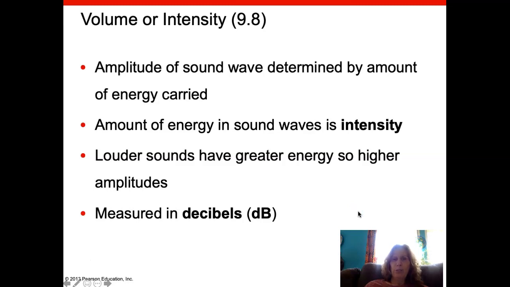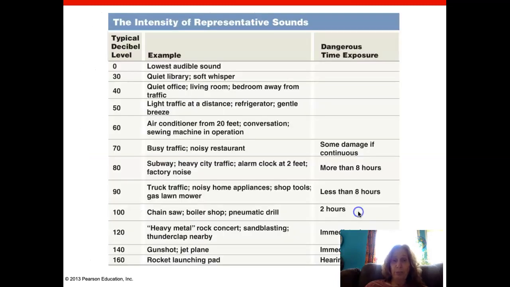Now the amplitude is the amount of energy, that is the intensity or how loud it is, and that's measured in decibels, and that's something you should be pretty aware of. A quiet library or soft whisper is about 30 decibels. There's nothing dangerous to our ears about that. But if you're in busy traffic or a noisy restaurant, if you were there for 8 hours, you'd probably have some damage.